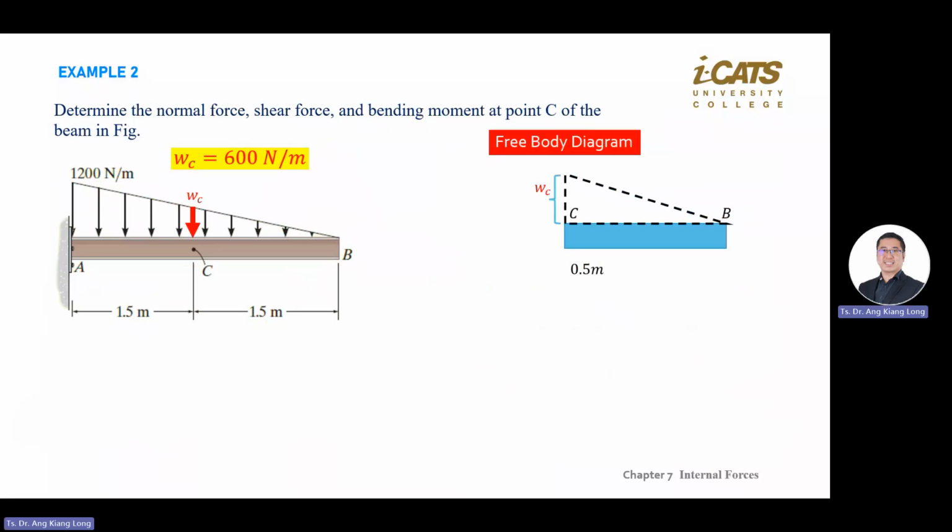WC means distributed load, sub C means at point C. This notation is important when you do higher level like solid mechanics or in your simulation later. The software will ask you to key in this value, the distributed load.